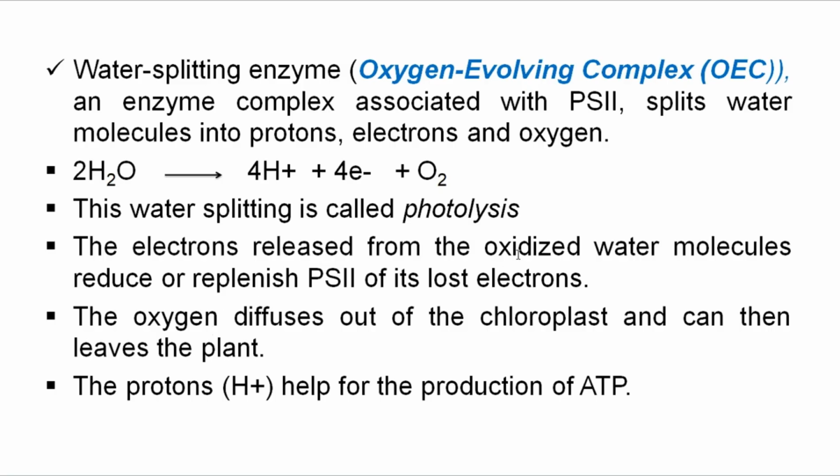The electrons released from the oxidized water molecules reduce or replace photosystem 2 of its lost electron. Yes, these electrons that are released from water are important to reduce or replace photosystem 2 of its lost electron. Interesting. This oxygen diffuses out of the chloroplast and can then leave the plant.